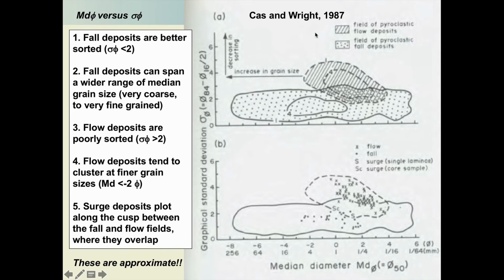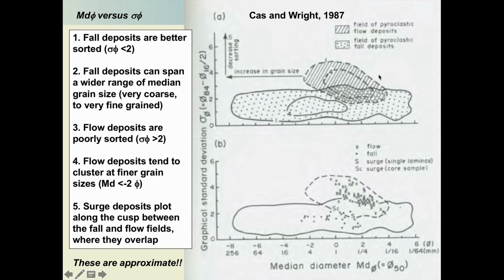They have a higher Inman sorting coefficient. That means they're decreased sorting. There's a bigger spread in the class sizes from the granulometry than the fall deposits, which tend to be pretty uniform. Fall deposits will fall across all grain size ranges though, but individual deposits are well sorted. They have a low graphical standard deviation.